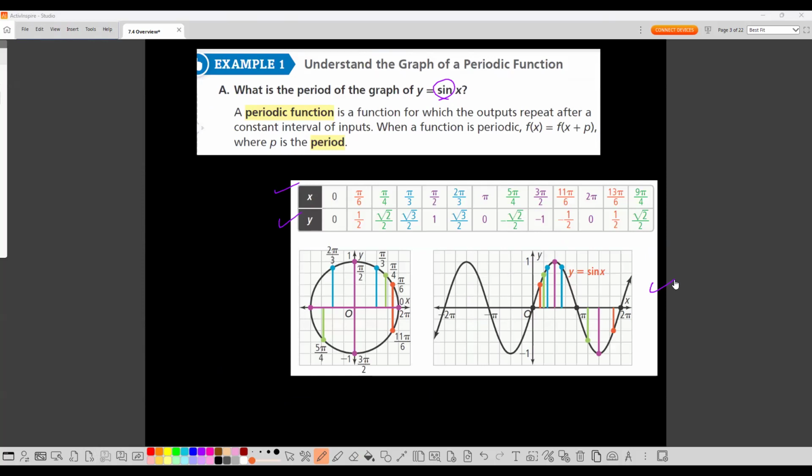So let's just keep going with the lesson the way it is. The period, how long does it take to complete the cycle? So if we take one cycle here, 2 pi is our normal period for sine or cosine. And the fact that it does this cyclical completing cycles over and over, that's going to be referred to as a periodic function. The graph itself, often referred to as a sinusoidal.